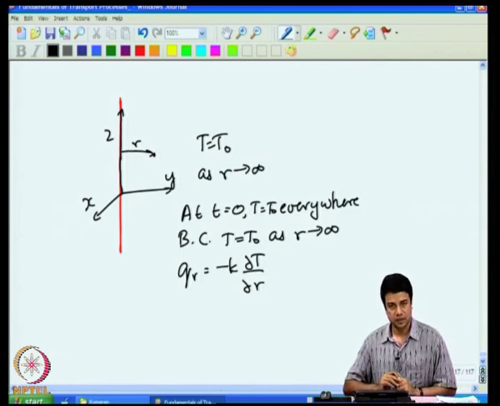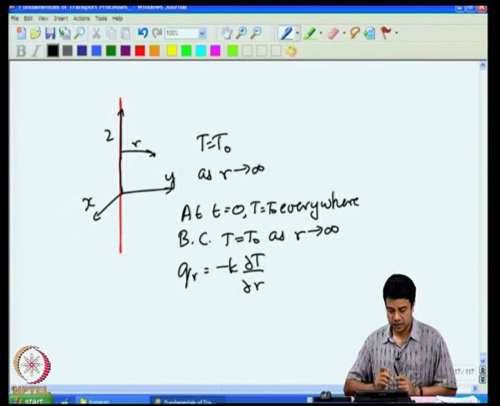However, the total heat coming out is the heat flux times the surface area. For the wire, since it is of infinitesimal thickness, the radius is 0 at the surface of the wire, and therefore the surface area is also 0. So, having a finite temperature would basically tell me that there is no net heat coming out of this surface.